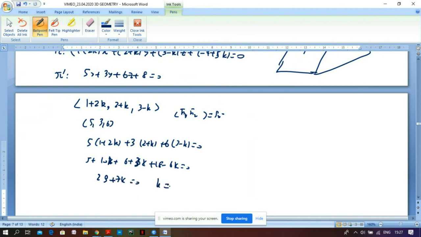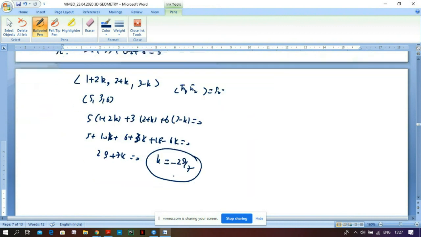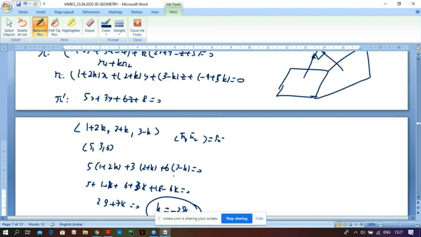You will get k equal to negative 29 over 7. So it means we got a value for k, for which the required plane contains the intersection of these two planes, and is also perpendicular to the other plane 5x plus 3y plus 6z plus 8 equal to 0.